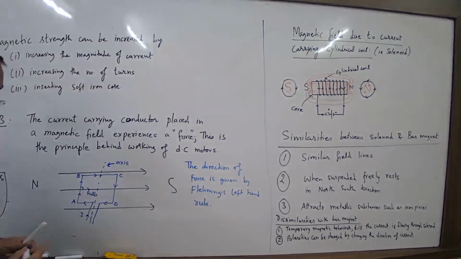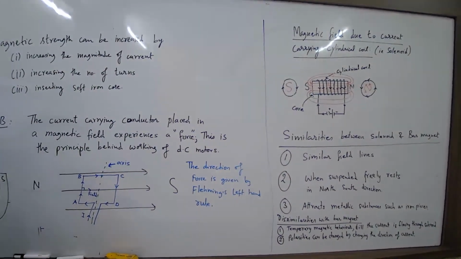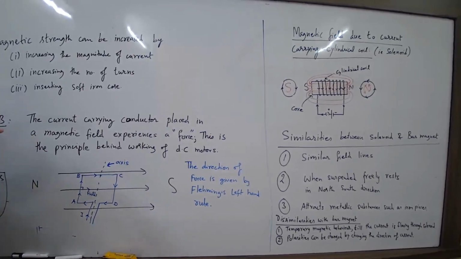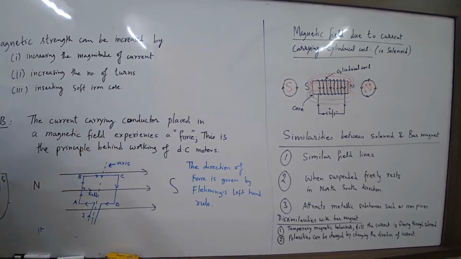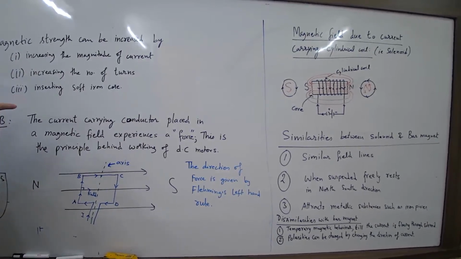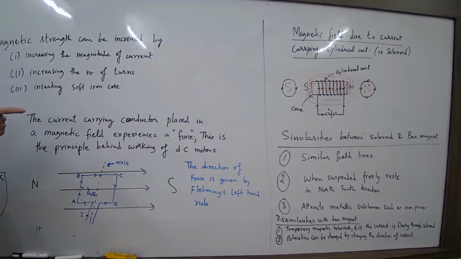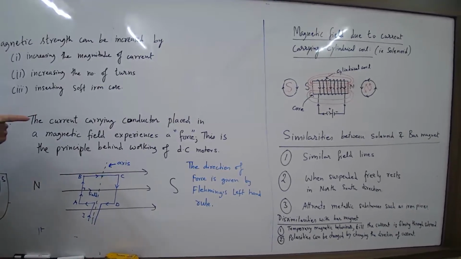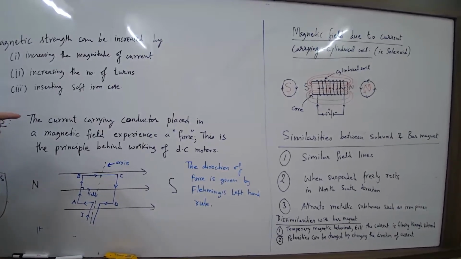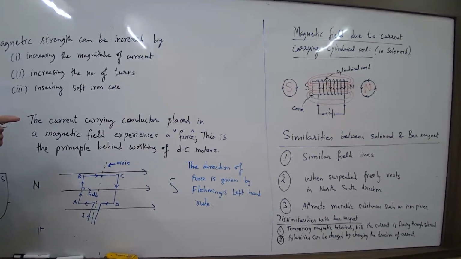Okay. So what is Fleming's left-hand rule? The index finger or the first finger, it is in the direction of field. The middle finger or the central finger is in the direction of current. Then thumb gives the direction in which the force will act.